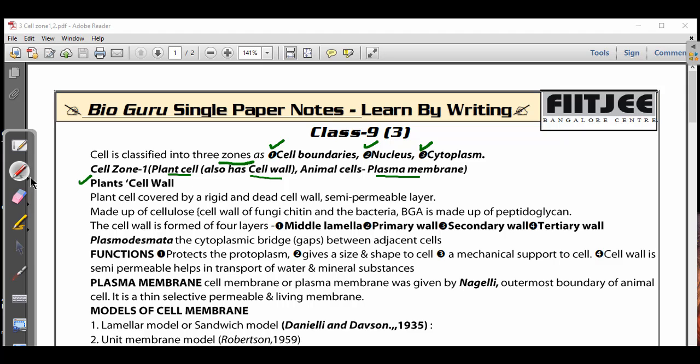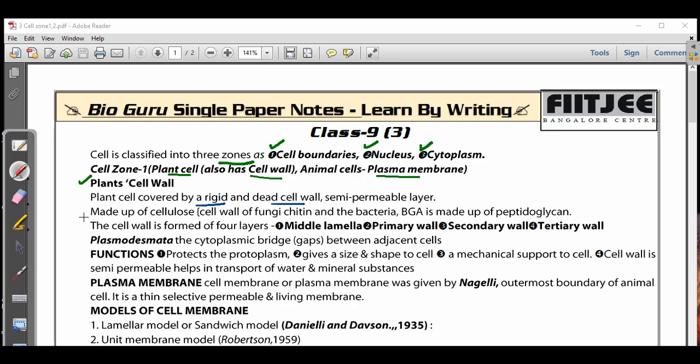The term wall itself says it's a quite rigid and strong structure. Whenever you see the plant cell in a microscope, you can see it has a thick wall, mostly green in color. It is made up of dead cells and is semi-permeable in nature.